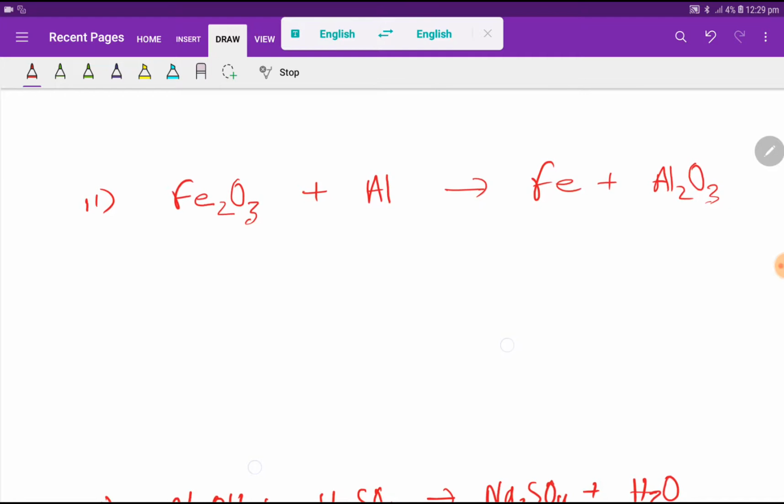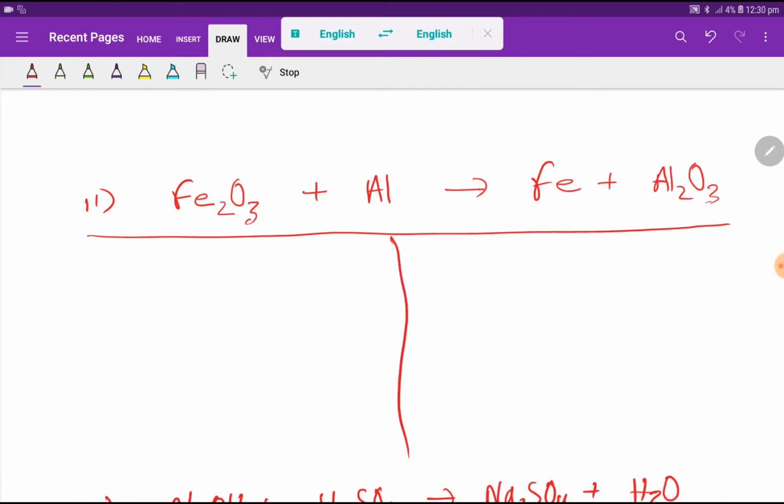Look, how to balance this reaction. If you are a student of class 10, you can write this reaction. To balance this reaction, I have to draw a table like this. On the left hand side we have iron, that is 2, oxygen, that is 3, and aluminium, that is 1.